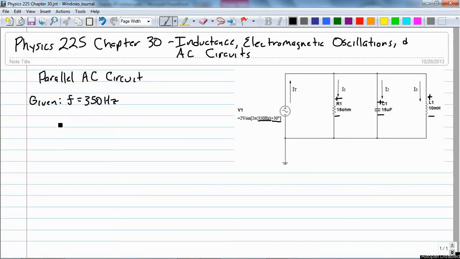Our voltage V1 in phasor form, well, we need the RMS value for the amplitude, so that's going to be 2 volts over the square root of 2, and the angle is just going to be the 30 degrees.